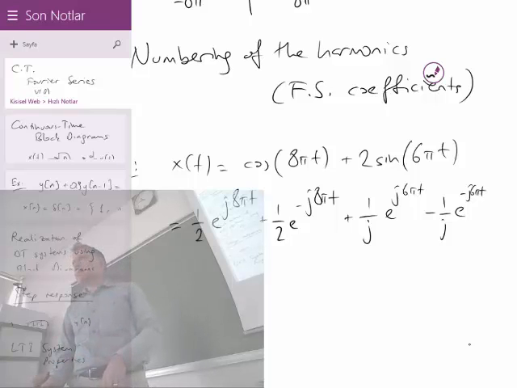For the sine, there is a minus sign in between the two, and instead of 1 over 2, we have 1 over 2j. That is the difference for Euler's expansion of sine.